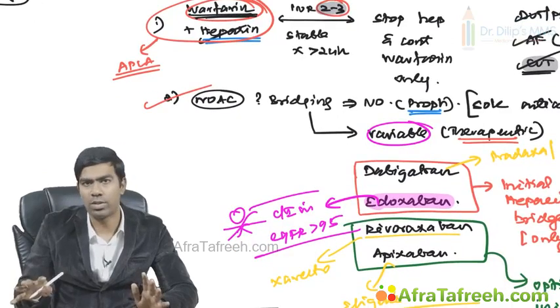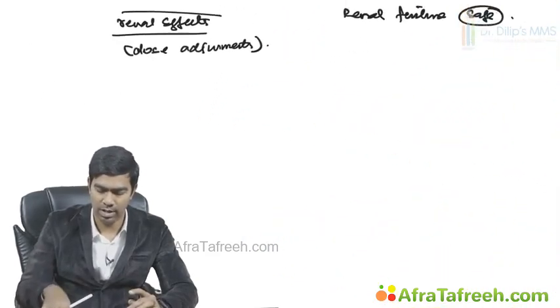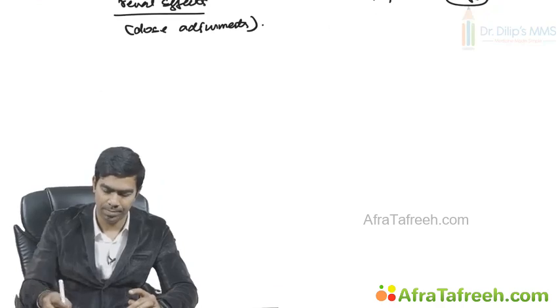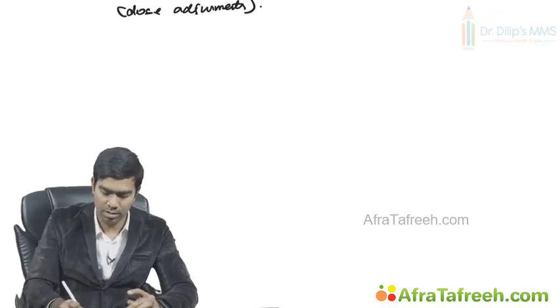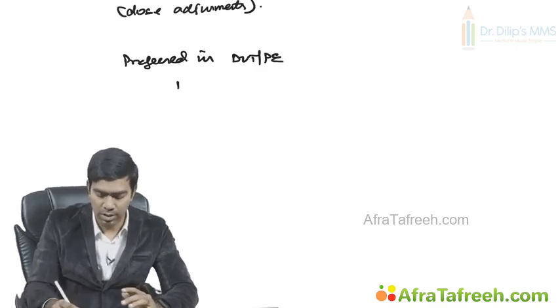Apart from that, both NOACs and warfarin are safe in heparin-induced thrombocytopenia. It's the next topic which we're going to discuss. NOACs and warfarin are both safe in heparin-induced thrombocytopenia. So nothing to worry. So I can write here the fact that NOACs are preferred in DVT and pulmonary embolism, in both treatment as well as prophylaxis after orthopedic surgeries.